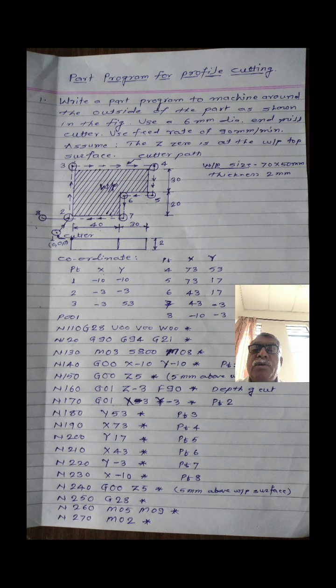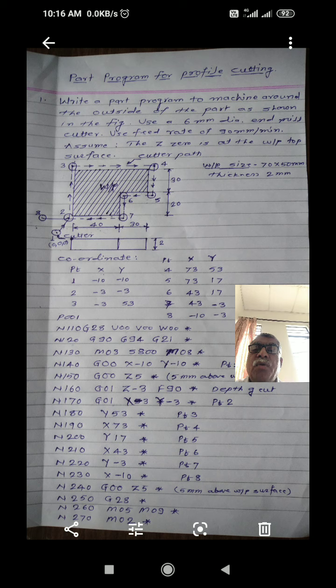Then coordinates of point 2. To find the coordinates of point 2, here you have to consider the diameter of the cutter, that is the center point of the cutter. While finding the coordinates of point 1, 2, 3, 4, 5, 6, 7, etc., you have to consider the center point of the cutter.